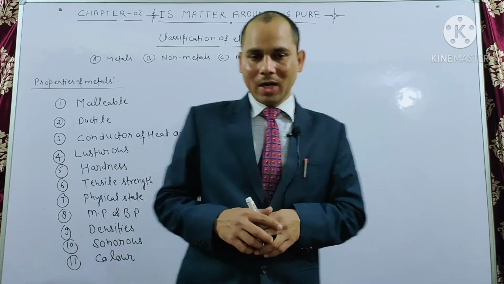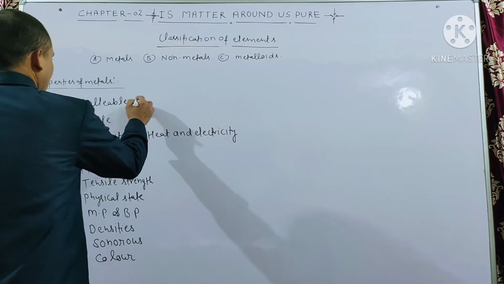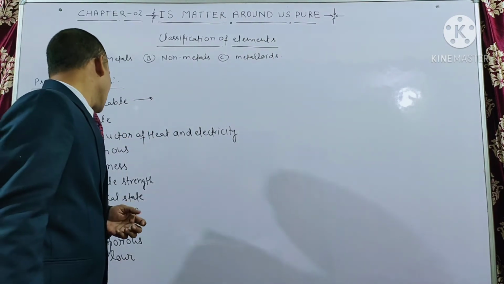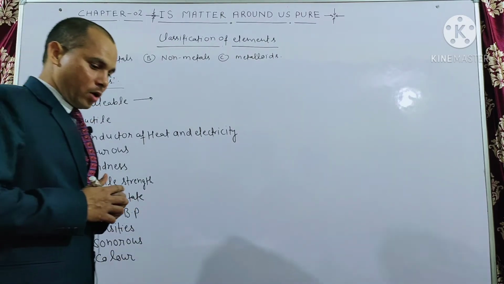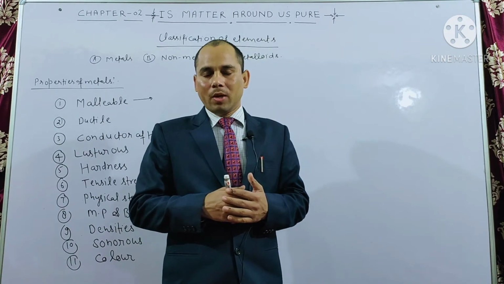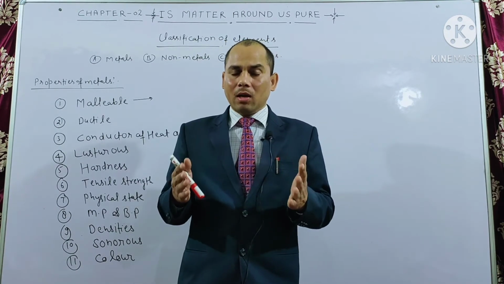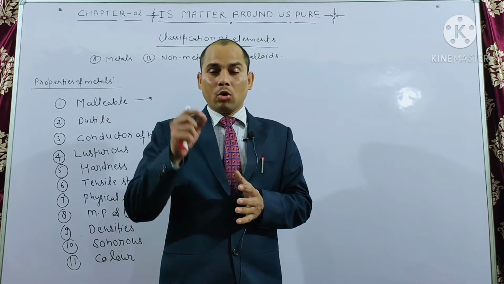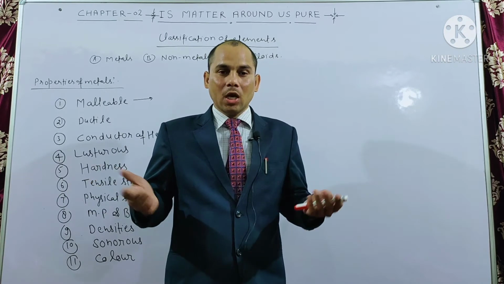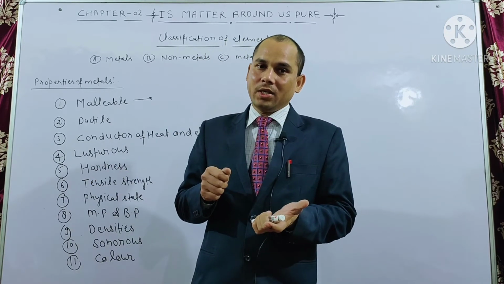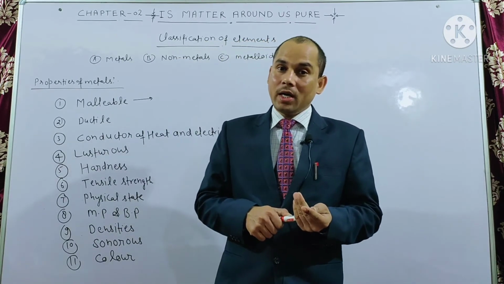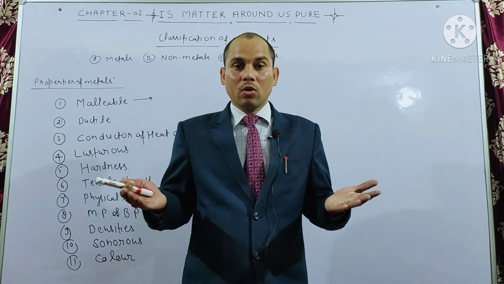So one by one we will explain here. Malleable, or sometimes malleability. Malleability is a property of metals. If you want to write, you can write down in your notebook: malleability is the property of a metal according to which a metal can be converted into a thin sheet by hammering on it without breaking.